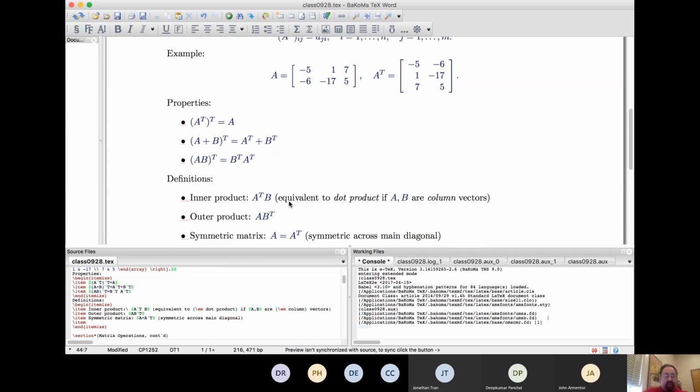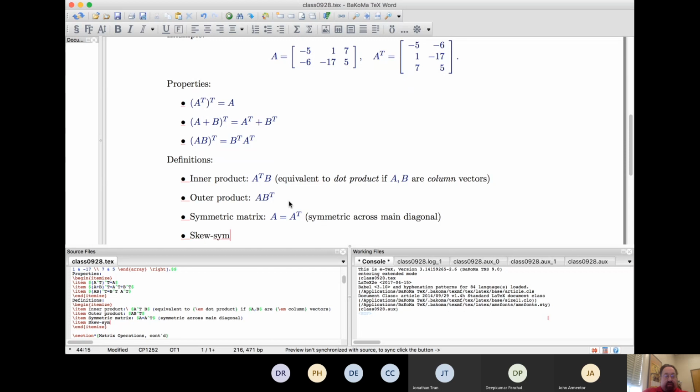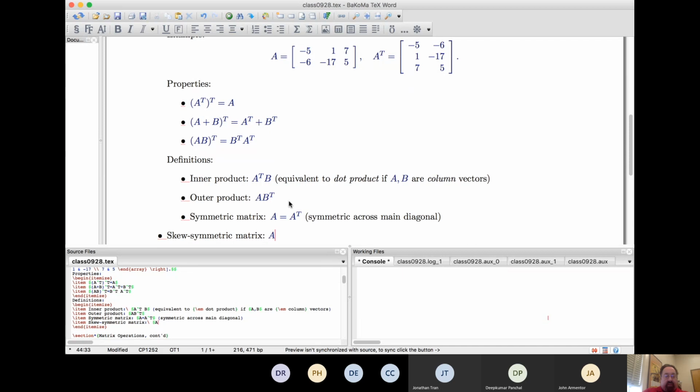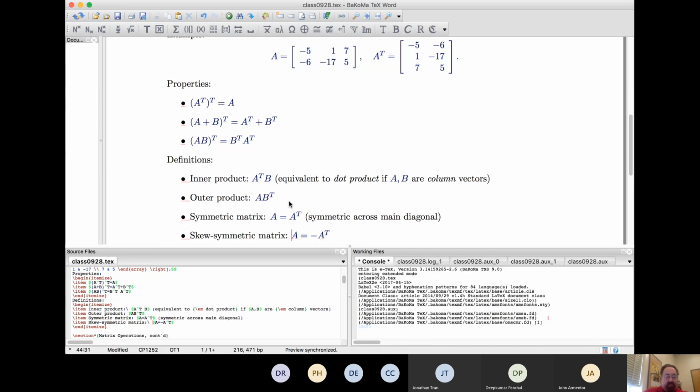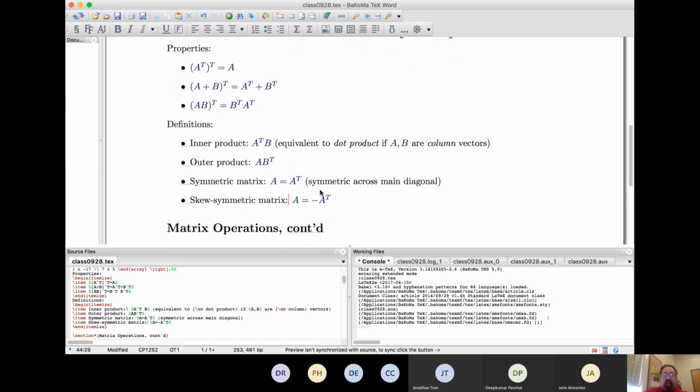And then it's called a skew symmetric matrix where A is equal to minus its own transpose. So when we get towards the end of the problems here, some of these things will come up again.